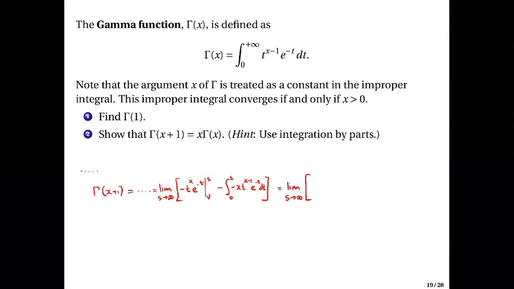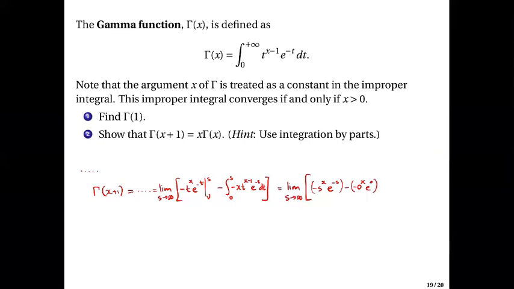For the first one, we'll just have negative s raised to x e raised to minus s, minus, at 0, you will have negative 0 to the x e to the 0.